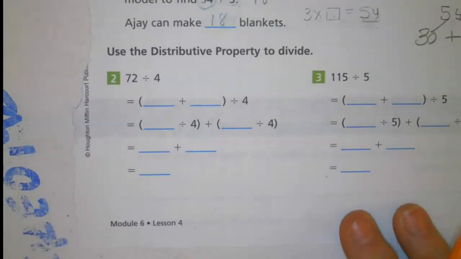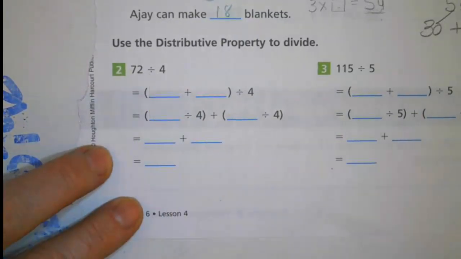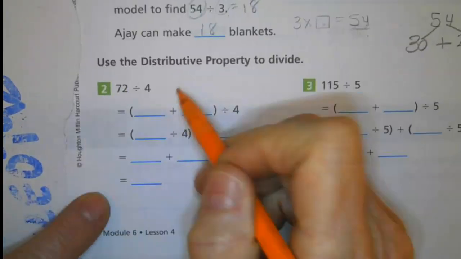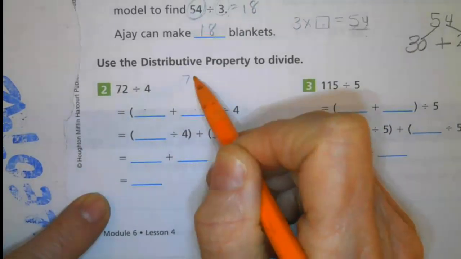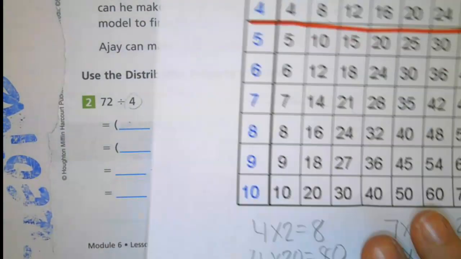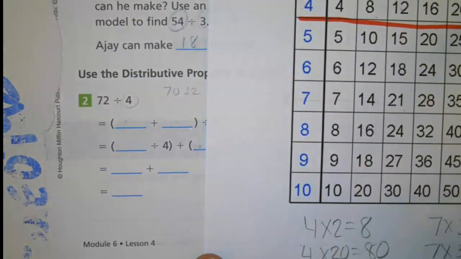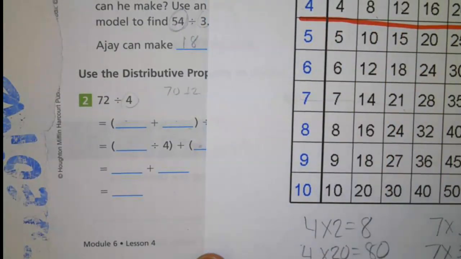Okay, so we're going to do 72 divided by 4. I could break 72 into 70 plus 2, but those are not easy numbers to divide 4 into. Nope. I don't see anything related to a 7 here.